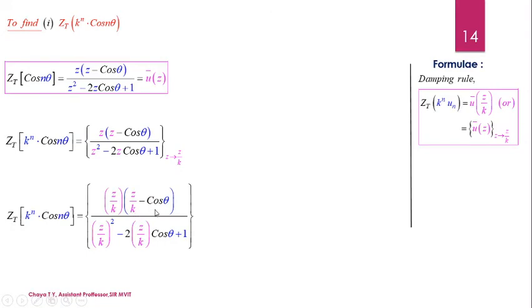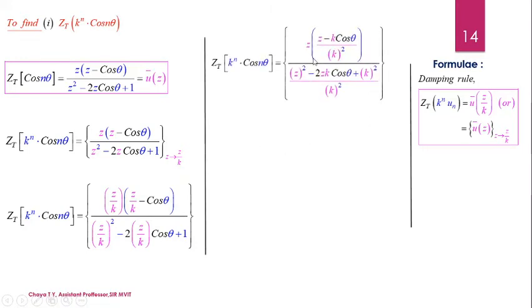So when I do the same, I will get the RHS as z by k times of z divided by k minus cos theta divided by z divided by k whole squared minus 2 times of z by k cos theta plus 1. Now take LCM and simplify the terms in the numerator and denominator.